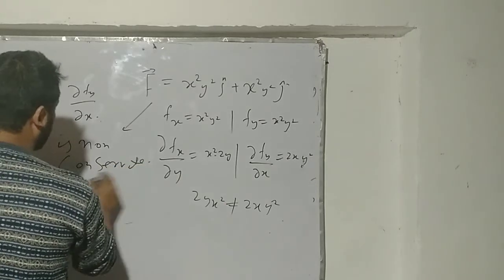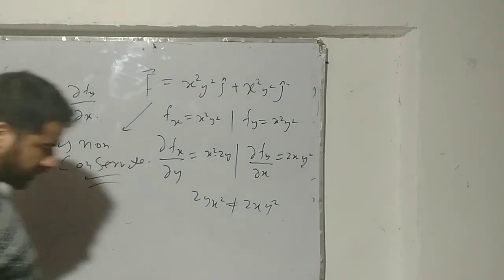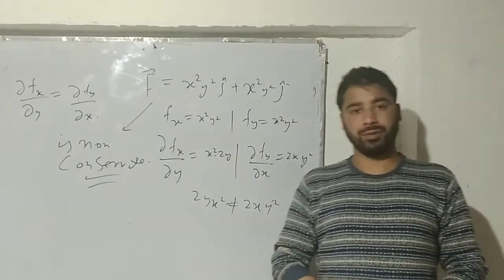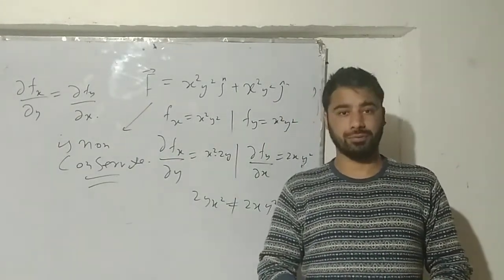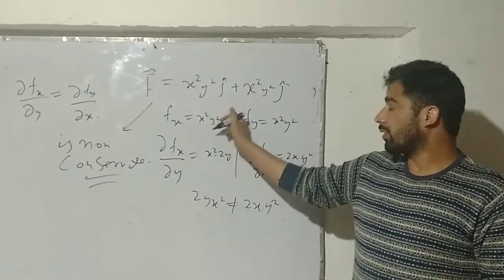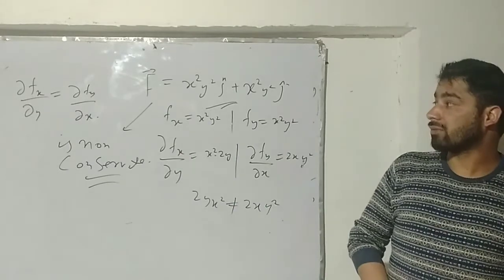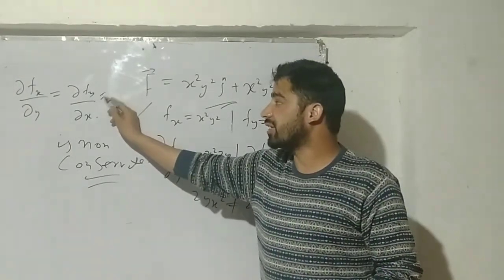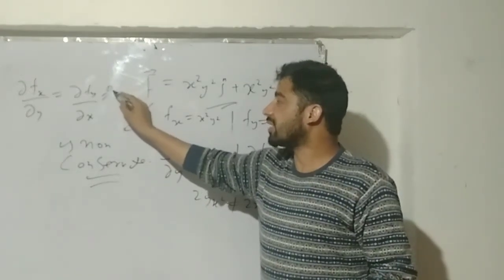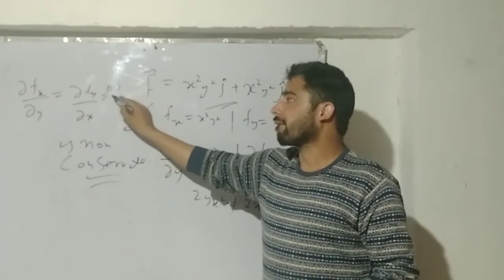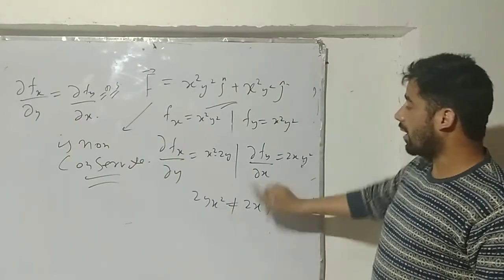So this was some special information about conservative forces, how we can check, which gives an important idea whether the given force will be conservative or not. The given force expression I mentioned here is not conservative because it does not satisfy this condition.